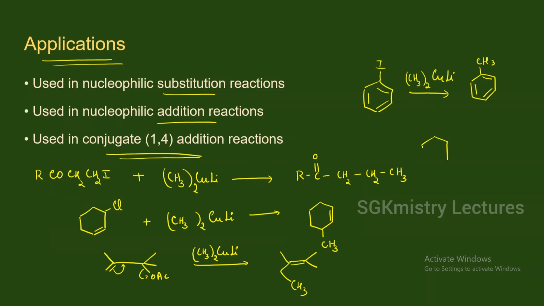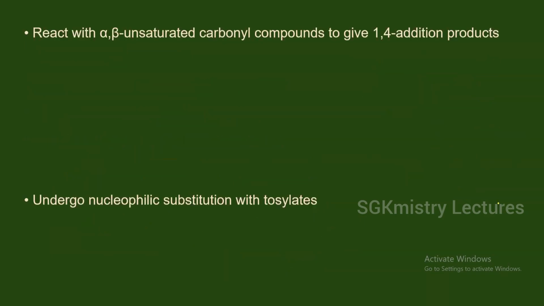Next, I can also take OH and here an epoxide, with (CH3)2CuLi. So this results in opening of the epoxide. So you have H and you have CH3. Right. So this is how this reagent can be used for nucleophilic substitution, nucleophilic addition, as well as conjugate addition reactions.